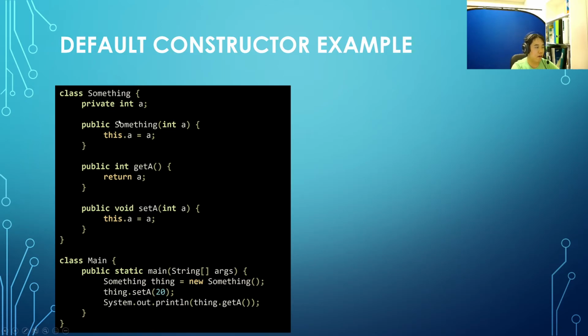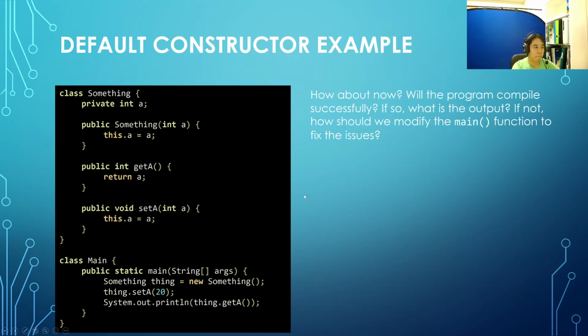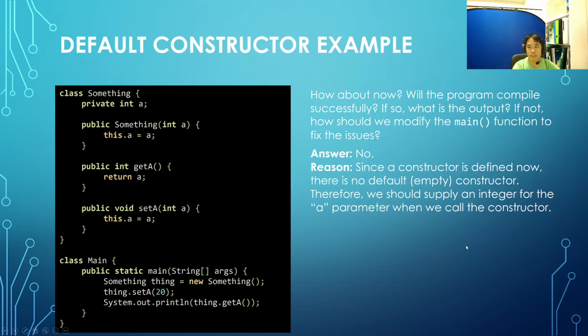Now, how about now? We explicitly defined a constructor, so be really careful here. Will the compiler run? And what would be the output? And if it doesn't compile, how do we fix the issue in the main function? The answer is no. It will not compile the program because there is no default constructor here.